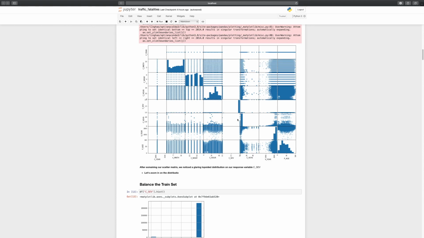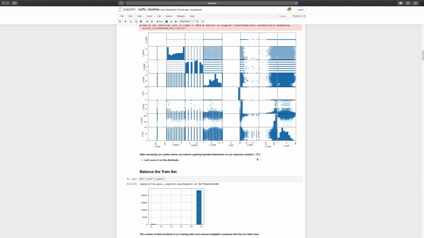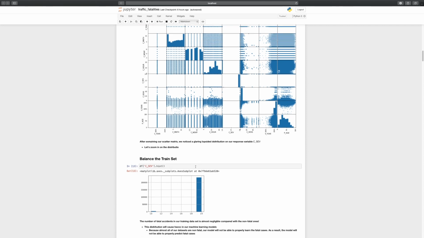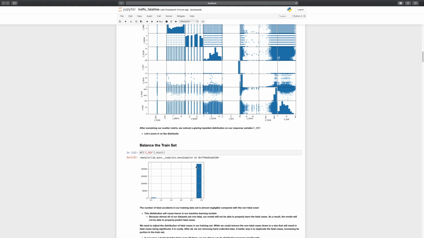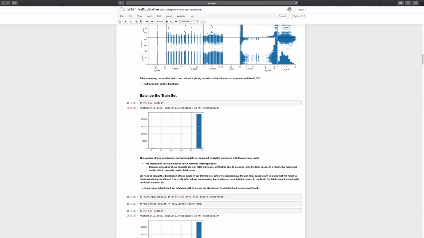While looking at the data closely, we notice that our response variable, the collision severity, has a lopsided distribution. What do we mean by lopsided? Let's zoom in on the histogram. As we see from this histogram, the fatal accidents compared with the non-fatal ones are almost negligible.